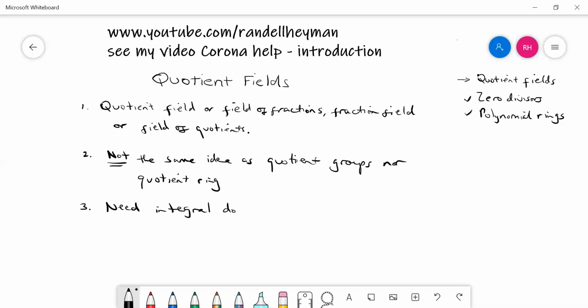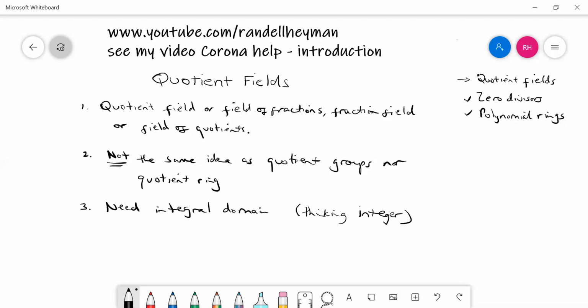I mentioned it, so we'll just explore that in this video, and then the quotient fields will flow very naturally from that. So remember, integral domain, we're thinking the integers. The integers are the classic example of an integral domain.